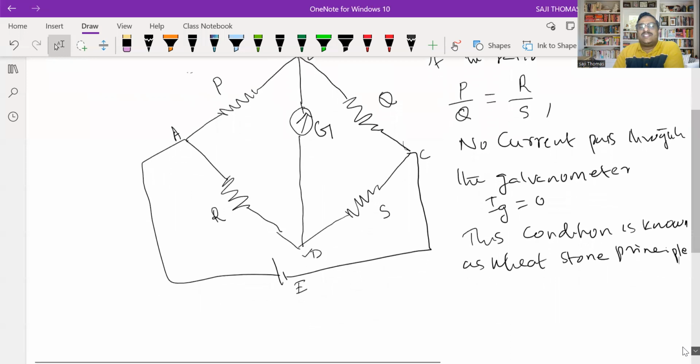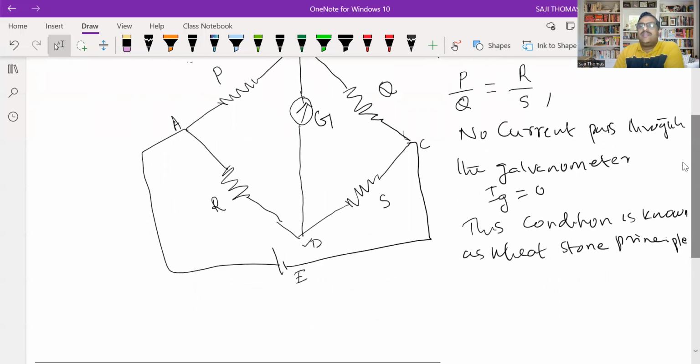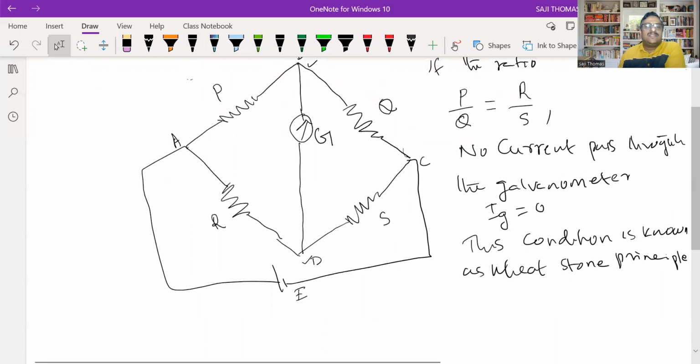Now we can prove it. For proving, we can apply Kirchhoff's laws. Suppose the main current through the battery is I. At the point A, current I is split into two, I1 and I2.